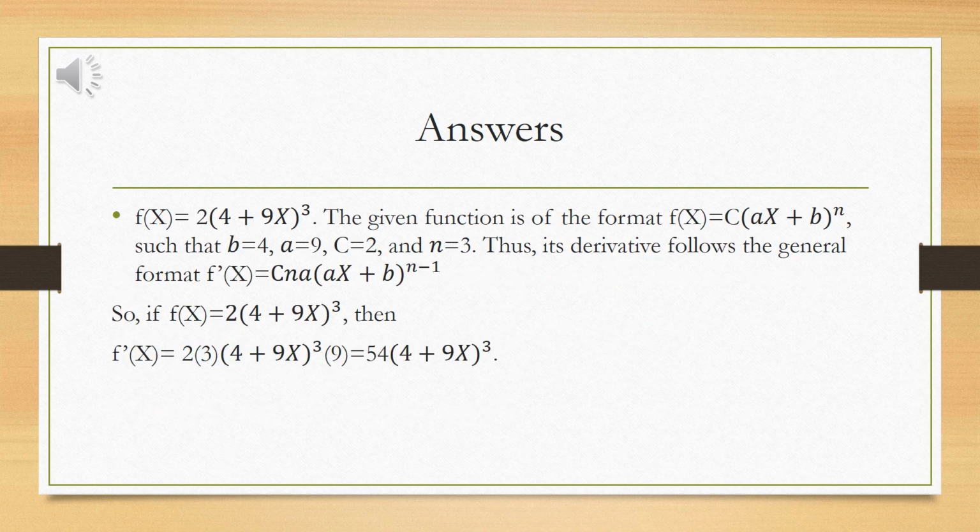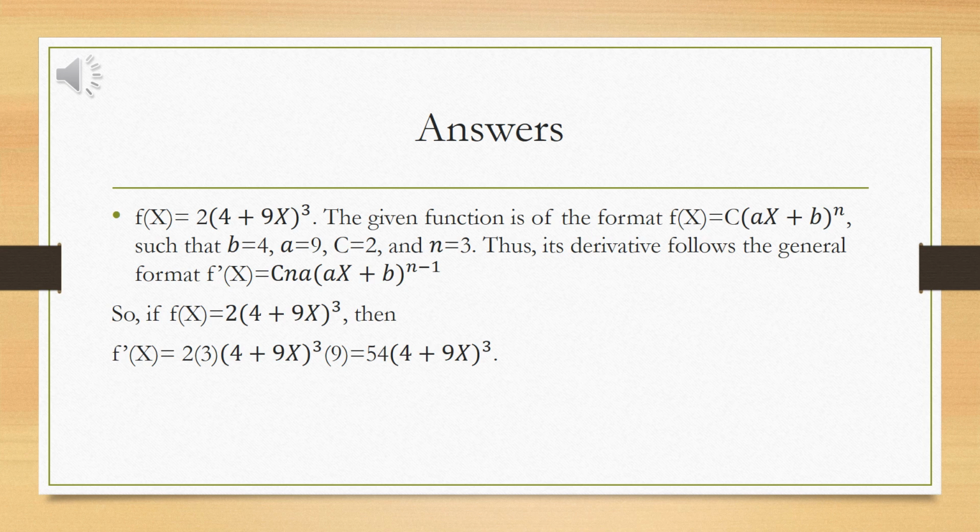f(x) = 2(4 + 9x)^3. This given function is of the format f(x) = c(ax + b)^n, such that b is 4, a is 9, c is 2, and n is 3. Thus, its derivative follows the general format f'(x) = cna(ax + b)^(n-1).